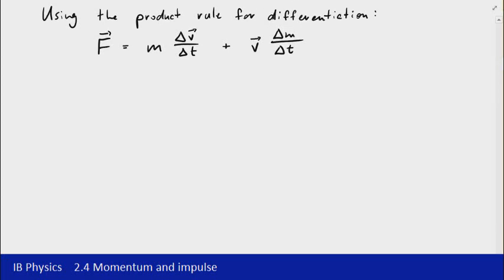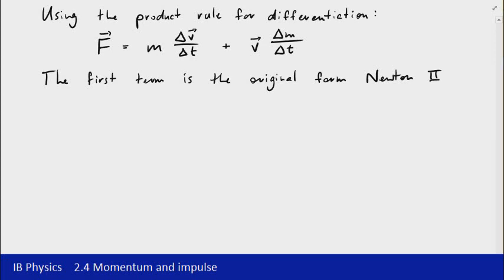So I want to now focus on what's happening with this particular expression. So the first term here is one that we've actually seen before. So it's the original form of Newton's second law that we've already seen. And that's basically saying we're a constant mass.